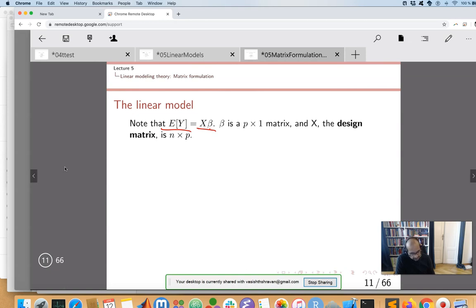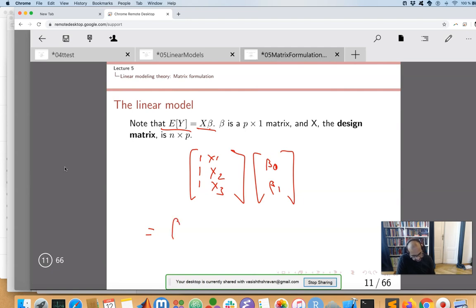Why is that? Because if I have these three values, x1, x2, x3 as my X matrix, and then I've got beta 0 and beta 1, right? So if I do the matrix multiplication, I'm going to get three equations: 1 times beta 0, so that's beta 0 plus beta 1 x1, and then beta 0 plus beta 1 x2, and beta 0 plus beta 1 x3.